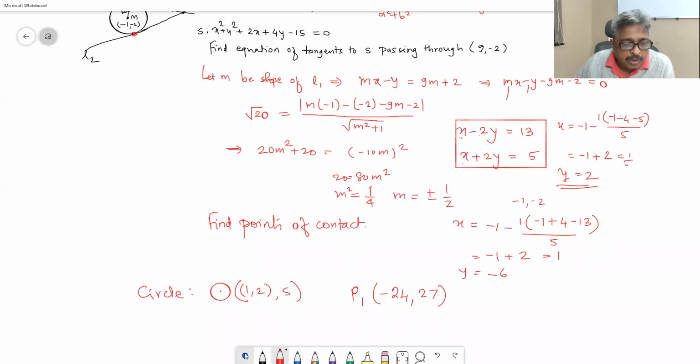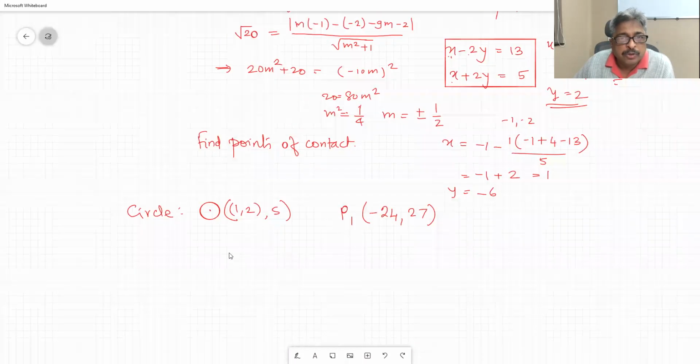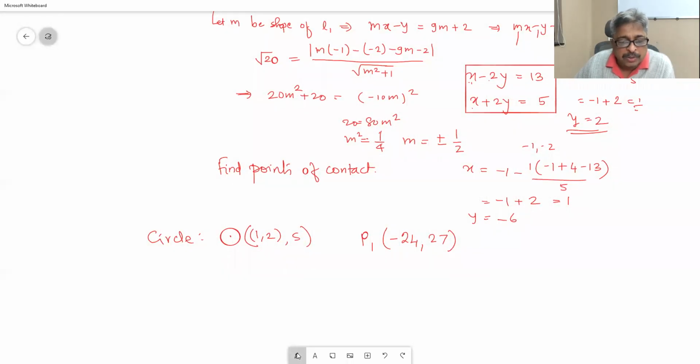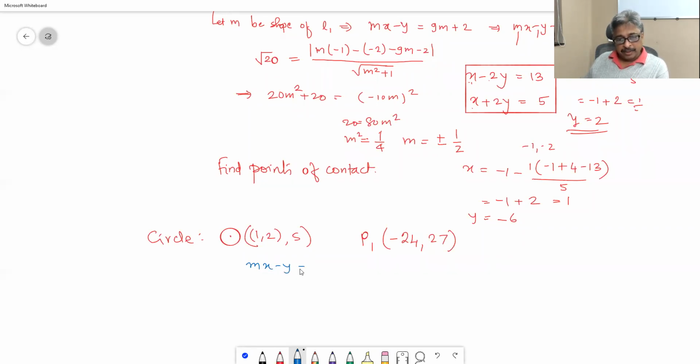How minimum you are supposed to write and solve this problem. Let me keep the first problem on the screen. Blue ink. Center is at 1 comma 2. Let the slope of the line be m. Therefore the equation of the line is mx minus y is equal to minus 24m minus 27.